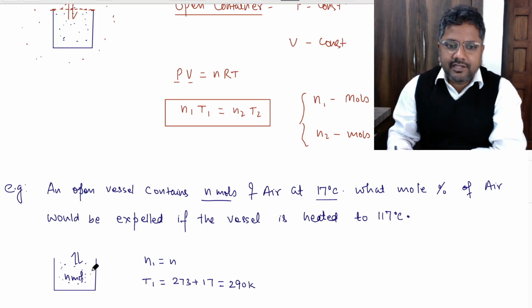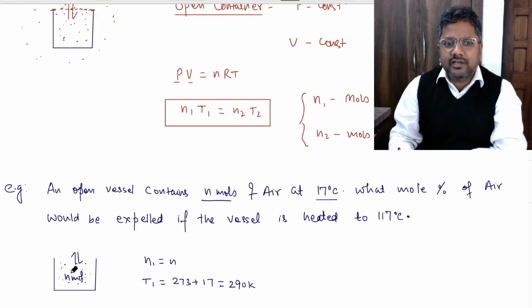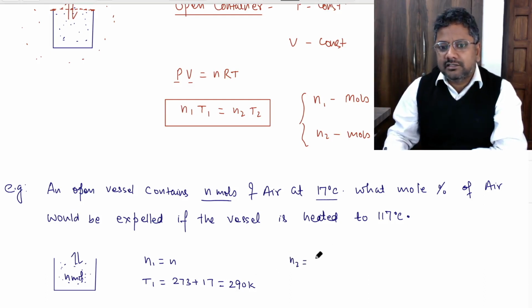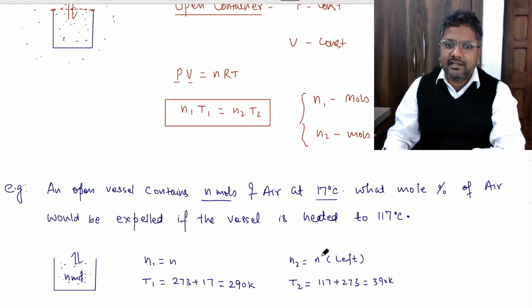Now it is heated, so obviously pressure will increase, and gas will escape from here, because gas moves from high pressure to low pressure. So some part of the air will escape from here. So let n2 be equal to n dash, the moles left in the container at temperature T2. T2 is equal to 117 plus 273, which is equal to 390 Kelvin.